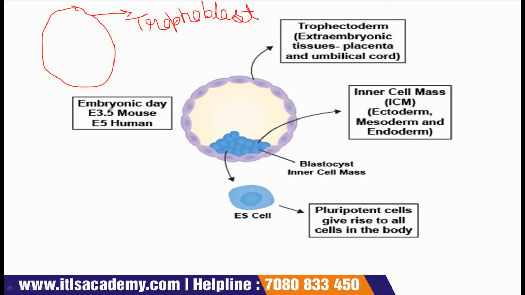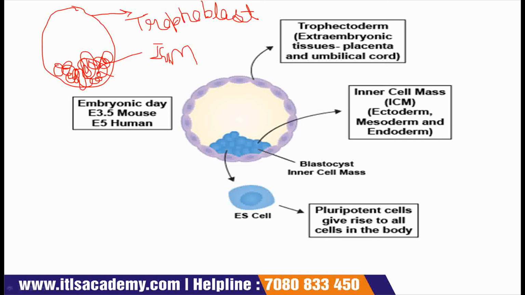This trophoblast is the outer covering. The blastocyst also contains some cells located only on one side of the blastocyst. These cells are known as the inner cell mass. The inner cell mass is responsible for giving rise to the embryonic germ layers, like ectoderm, endoderm, mesoderm, etc.